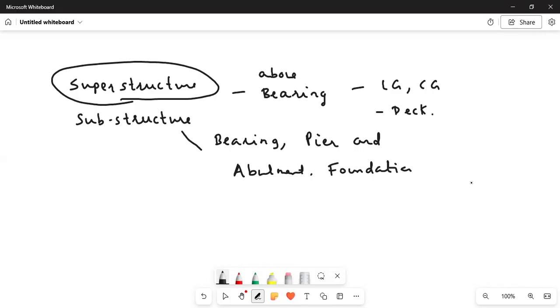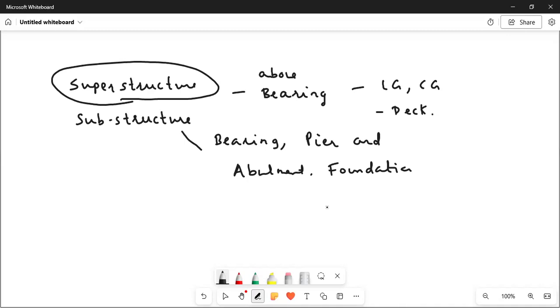Okay, so these components will be termed as substructures. In our syllabus, we will be looking at the analysis of the abutments, the analysis of the pier, and the analysis of the bearing, but foundation is not in our syllabus. We will not look at the foundation.